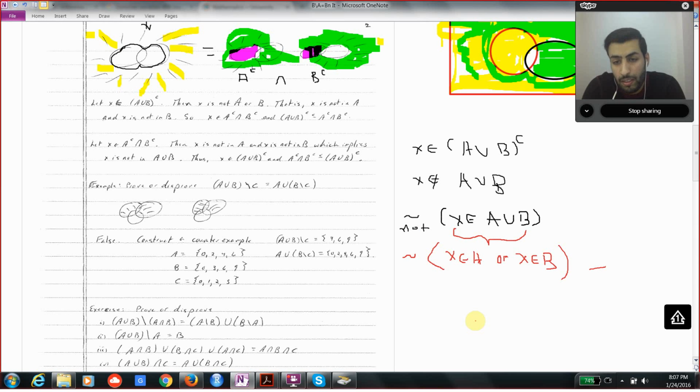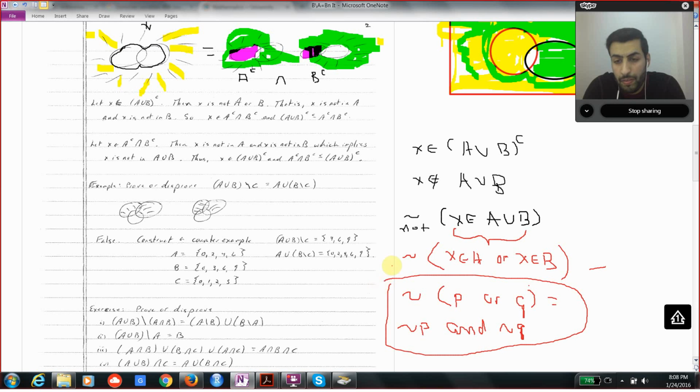Now, we're going to use a very important thing in logic. When we have two statements, so this is where you're learning about proofs here, okay? When I have the statement not P or Q, these are statements, the negation of this is equal to not P and not Q. So this is a fact from logic that we can use.